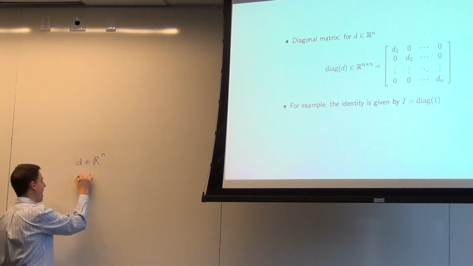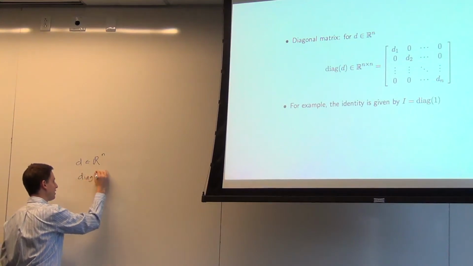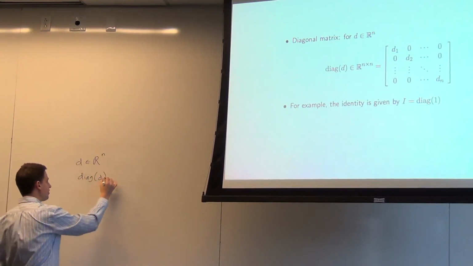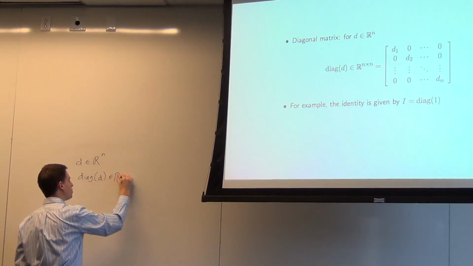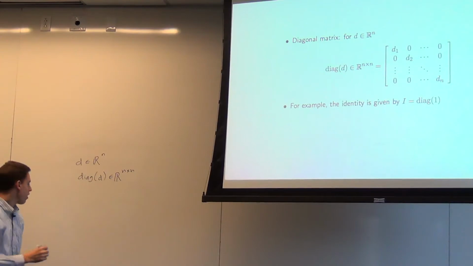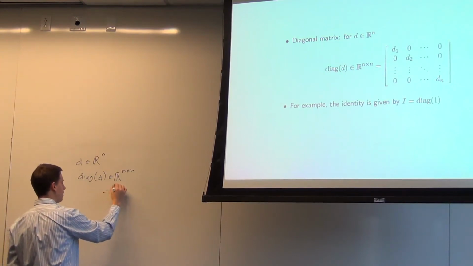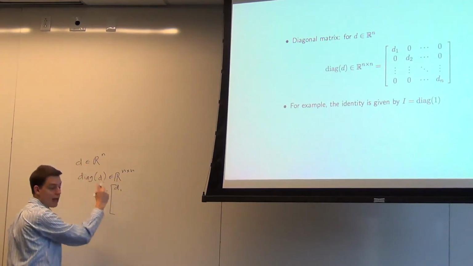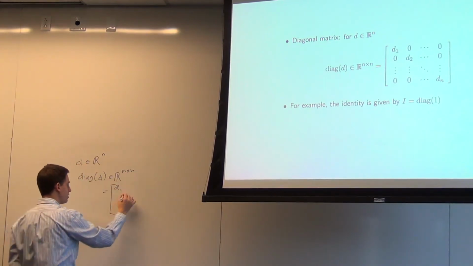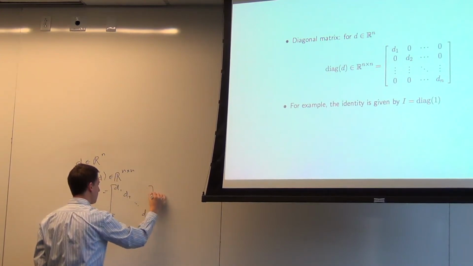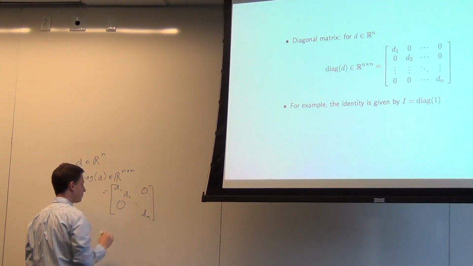We'll write diag of d. That is going to be a matrix which is n by n, where all the elements of that matrix are 0 except the diagonal ones, which are just the elements of d. So d1, d2, dn here, and everything else is 0.